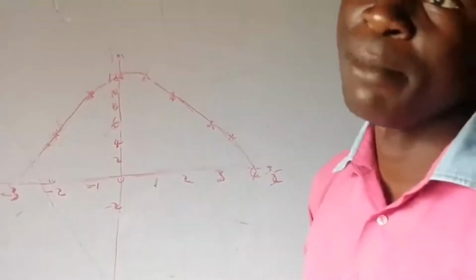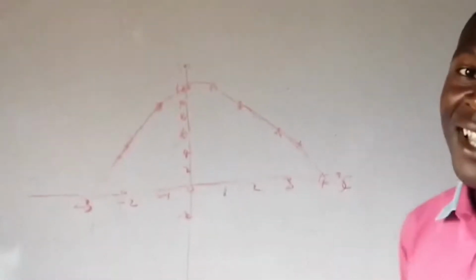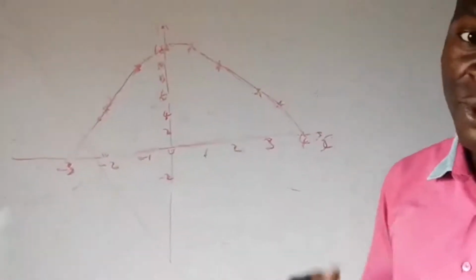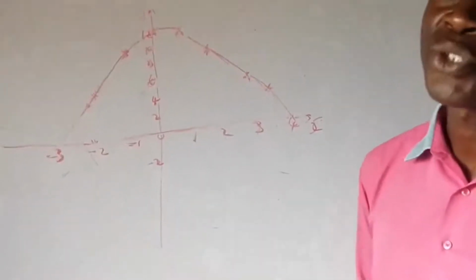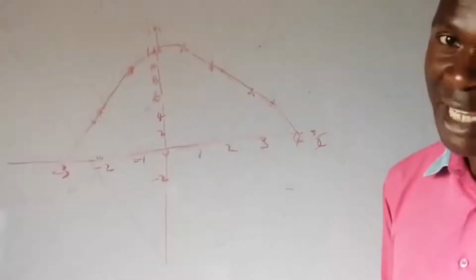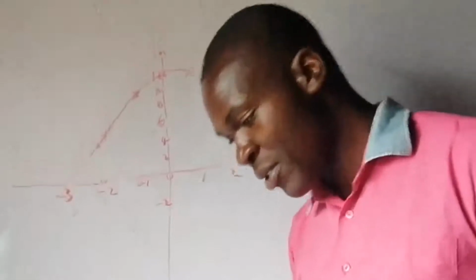Now we want to move to another section of finding the area under a curve or the area bounded by certain boundaries, so that you'll be able to attempt this kind of question. Here's the question.